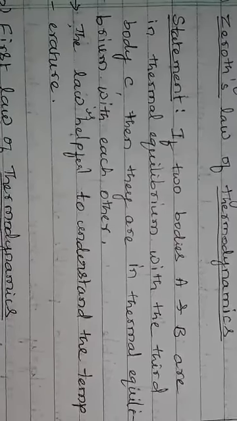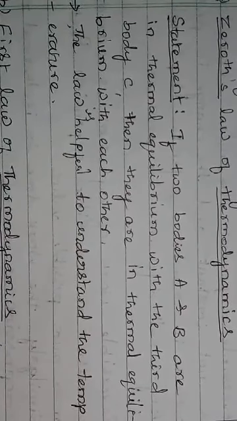We can understand it by the zeroth law of thermodynamics. It states that if two bodies A and B are in thermal equilibrium with a third body C, then they are in thermal equilibrium with each other.